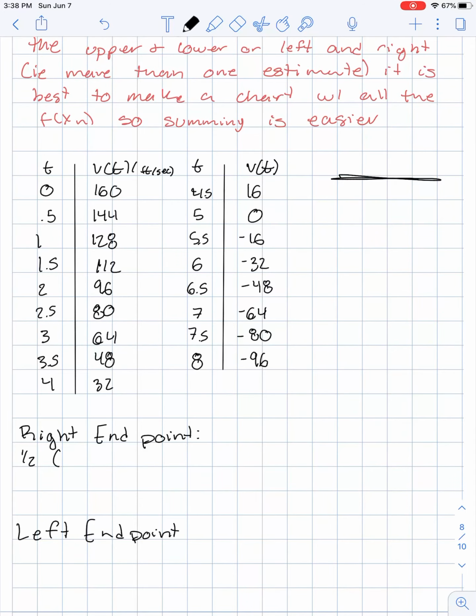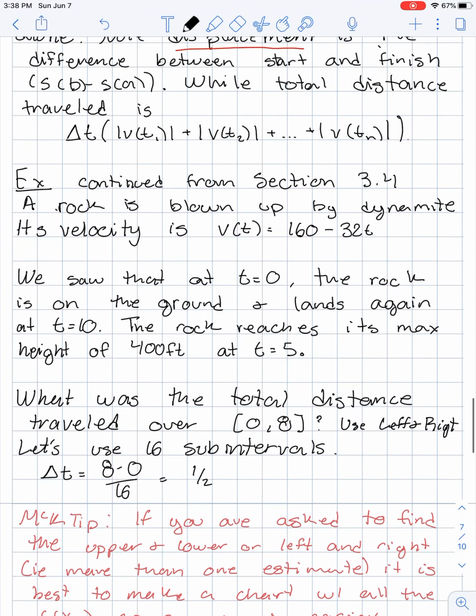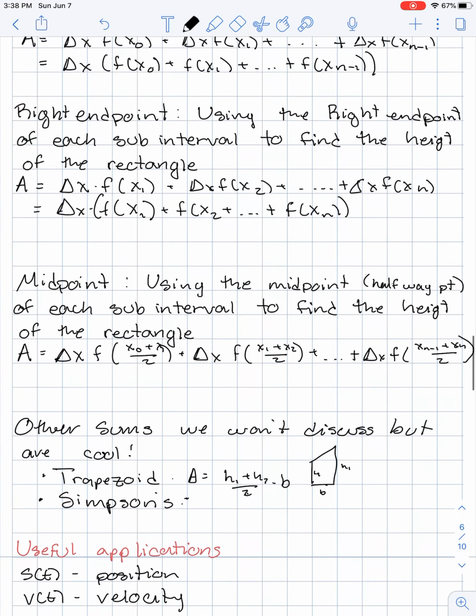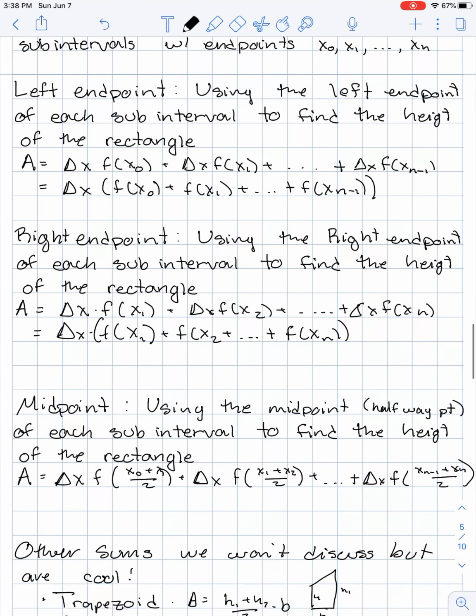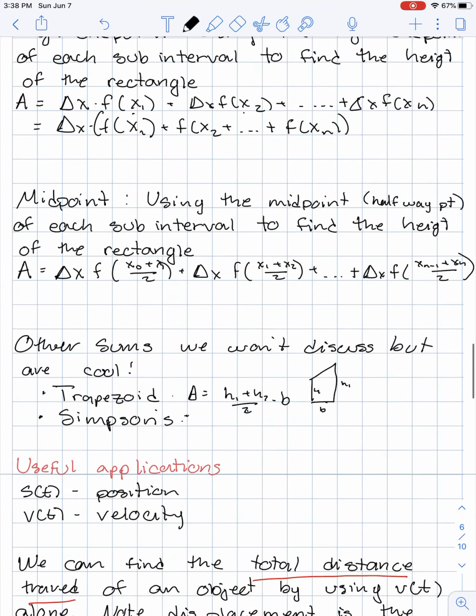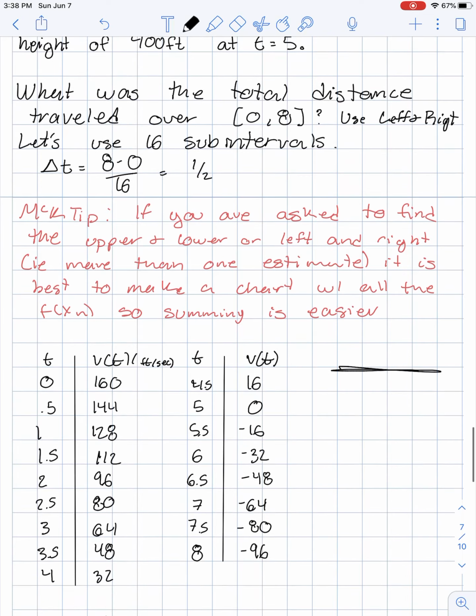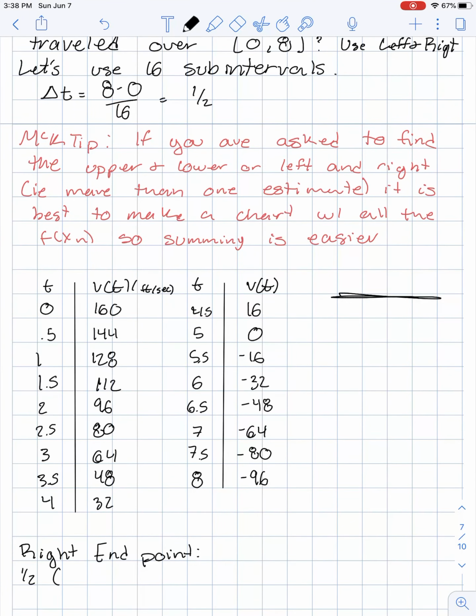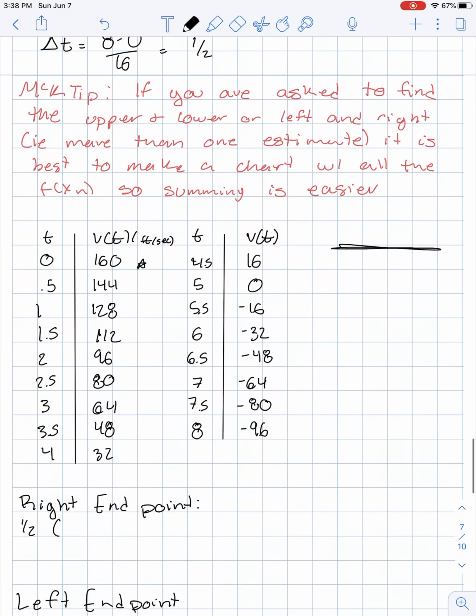For my right endpoints, I'm going to use every point except for the first one, 160. So I'm going to add all of these numbers up except for 160.